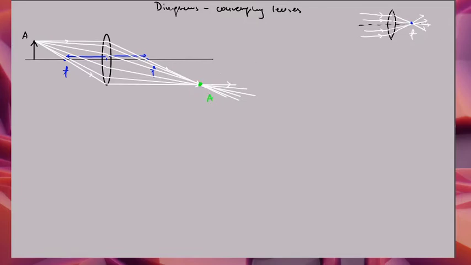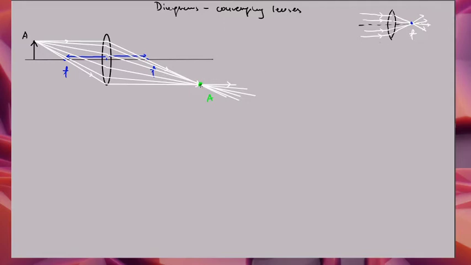And if you were to take your eye now and put it right in this location, so let's say your eye is sitting right here. Oh, let's not use green. Let's use black. Say this is your eyeball, and you're looking at it this way here. Then all of that information about point A would be arriving at your eyeball, and you'd be able to detect information about point A. And to be more specific, you would see the image of point A. And I'm going to add something to it.